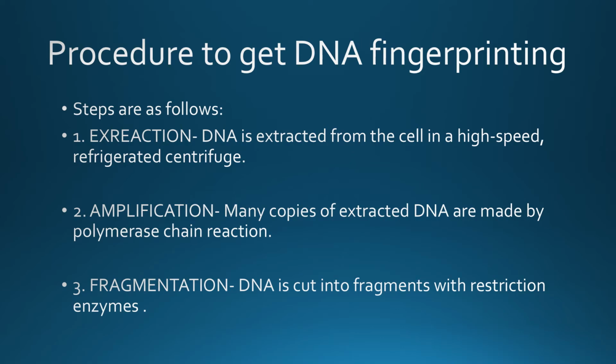Now the DNA is extracted. After this, the second step is amplification. Amplification means we make several copies of the same DNA, and this is done by a technique called PCR, that is, polymerase chain reaction. So many copies are made.